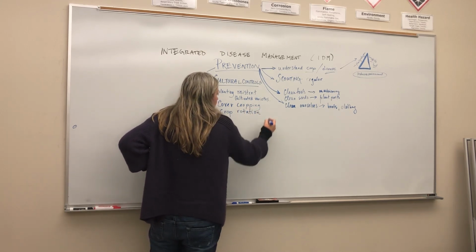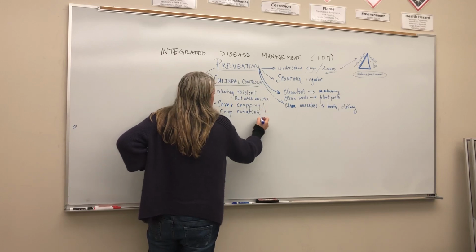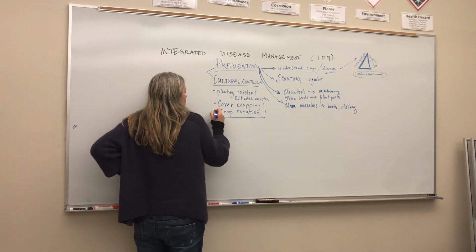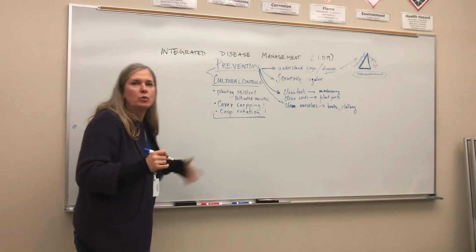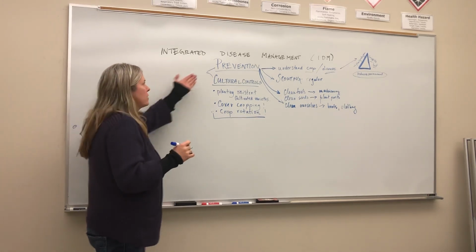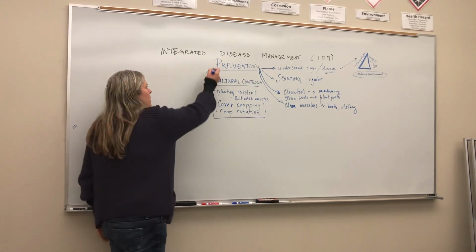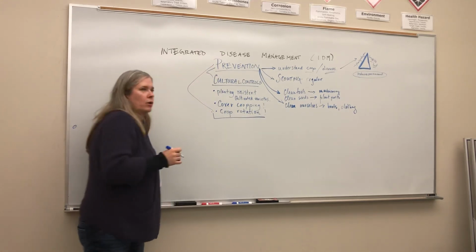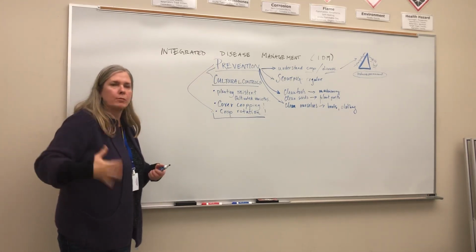Another big one. And these two, especially crop rotation, is just one of those things that we just do, and that's where again it falls in line with prevention, right? Because we are acting to prevent it by crop rotating.